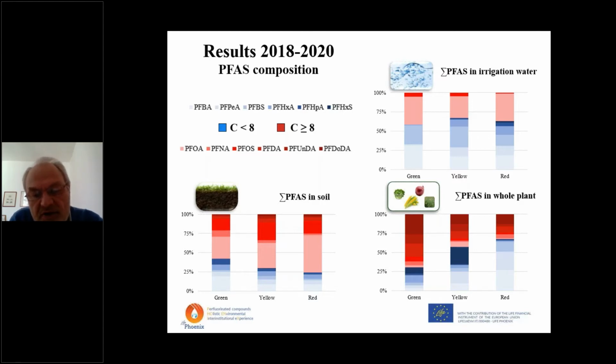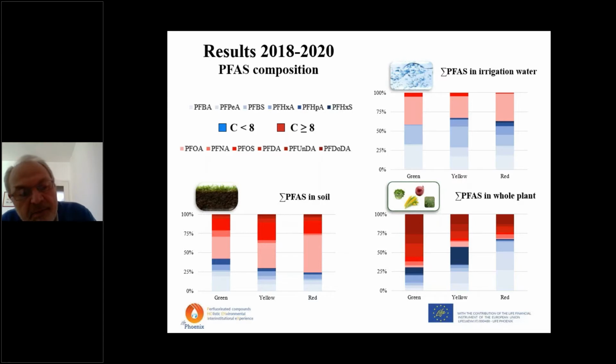It's only an experimental observation, and we think that air transport and the accumulation in the soil of long chain compounds can be a source of these compounds for plants. Short chain compounds are mobile, they don't accumulate in the soil, and they rapidly go through the vadose zone to the groundwater.